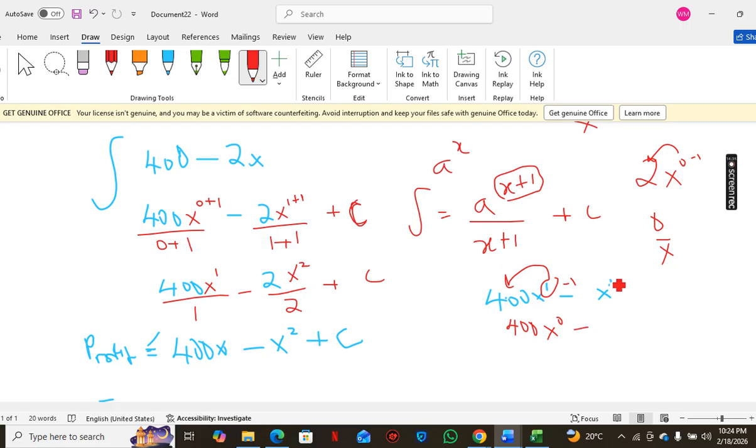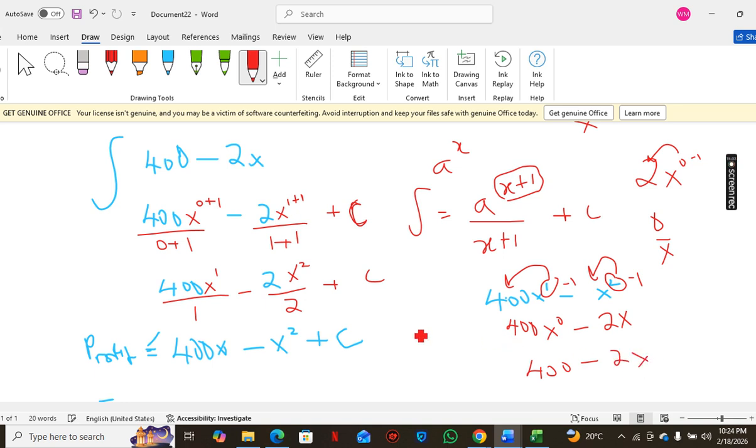Minus, when we derive x squared, you're going to say 2 times 1, that is 2x. Then you subtract a 1 from the exponent, 2 minus 1, that is 1. Now remember, x to the power 0 is the same as 1. So you can just write this as 400 minus 2x.